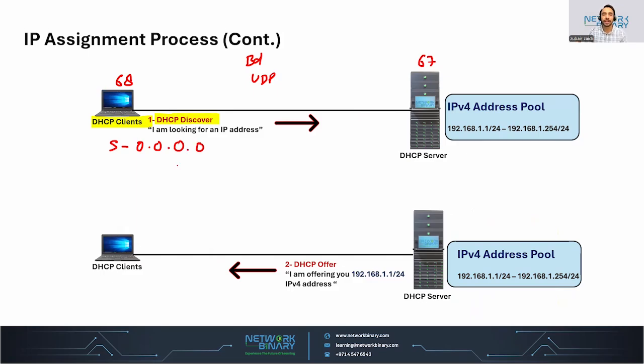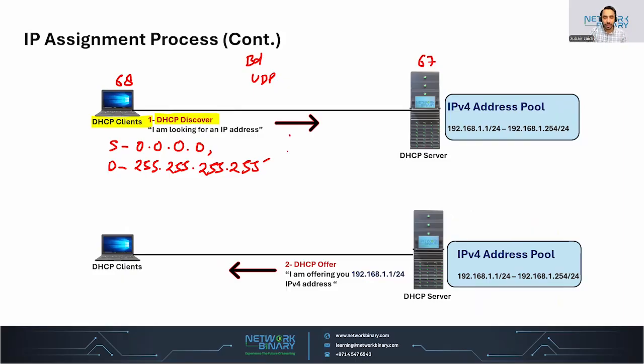Now, what about the destination IP address? Well, the destination IP address uses the local broadcast IP address, which is 255.255.255.255.